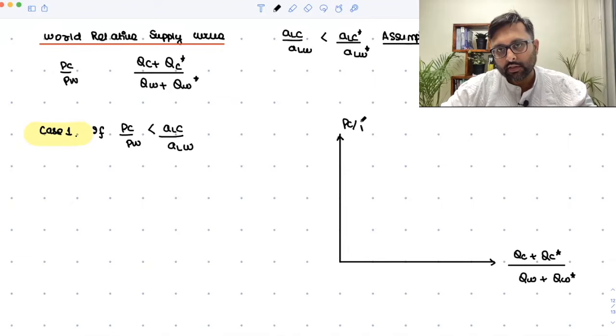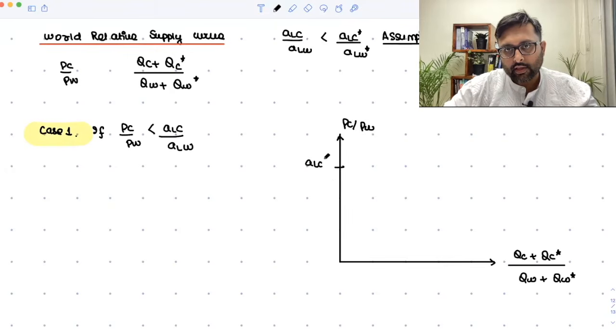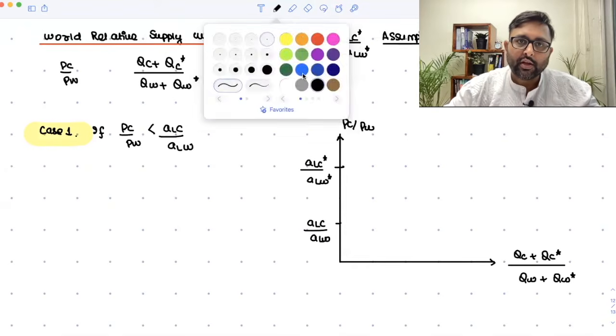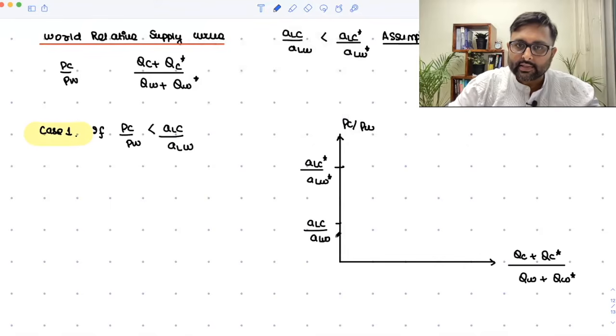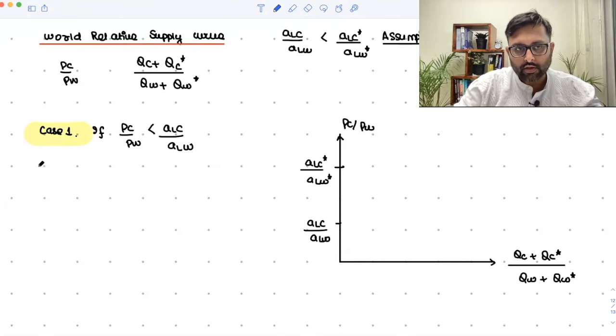This is PC by PW. And here you have ALC star upon ALW star, and here you have ALC upon ALW. Now think about it. If PC by PW is less than ALC by ALW, then naturally it is less than ALC star by ALW star as well, right?